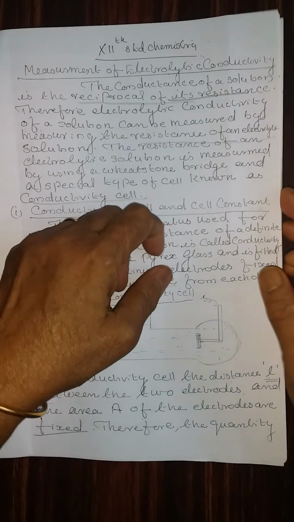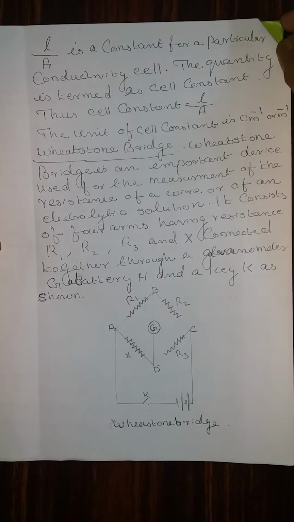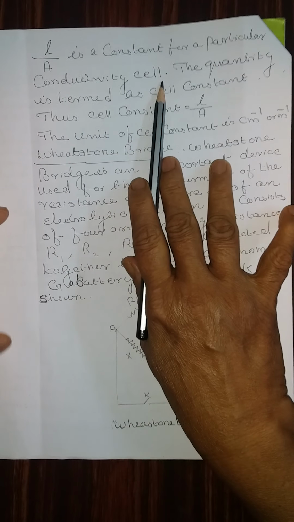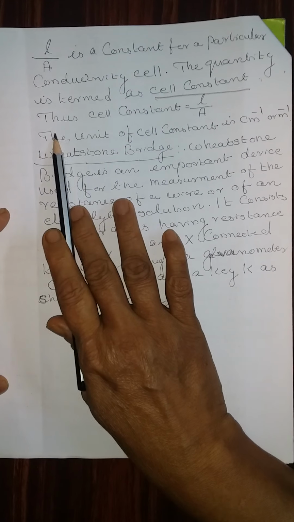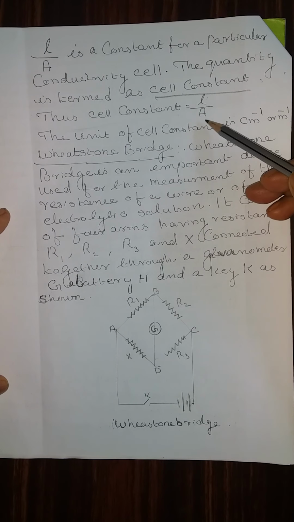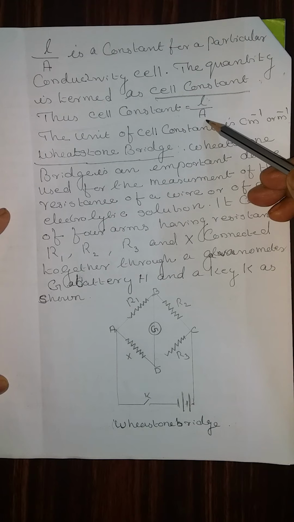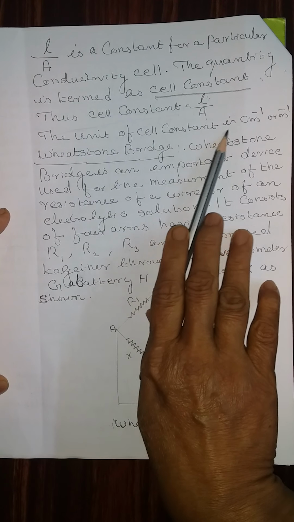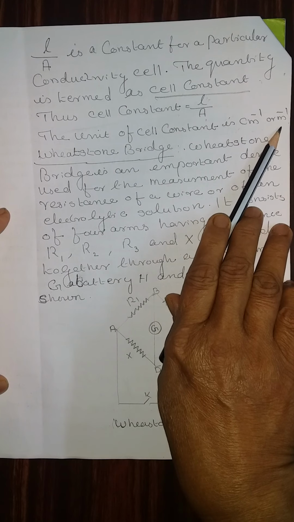Therefore, the quantity l by A is a constant for a particular conductivity cell. The quantity is termed the cell constant. Thus, cell constant is equal to l by A, that is small l by capital A. The unit of cell constant is per centimeter or per meter.